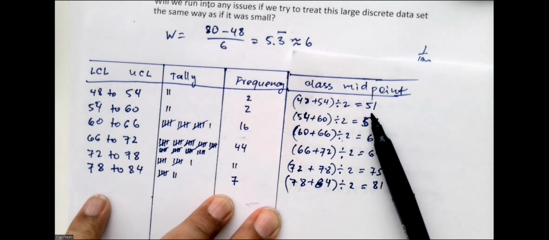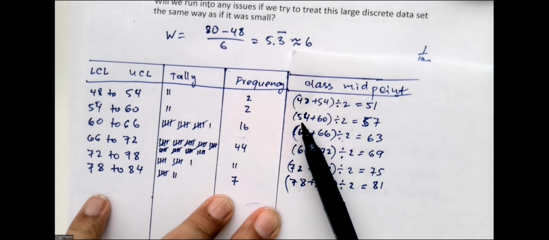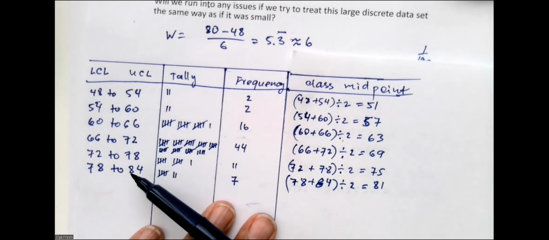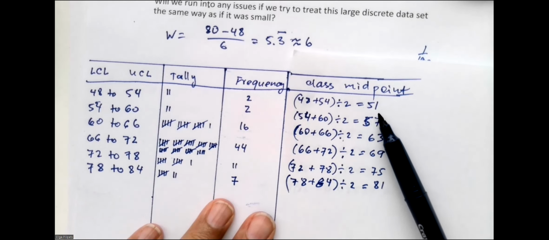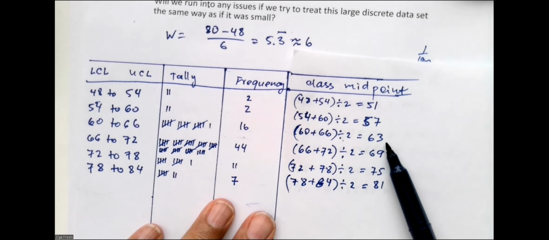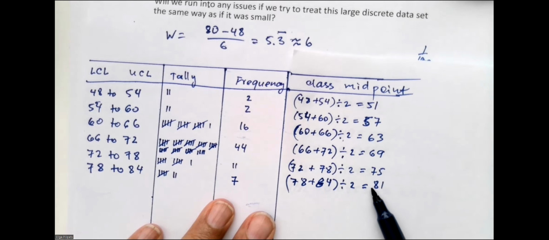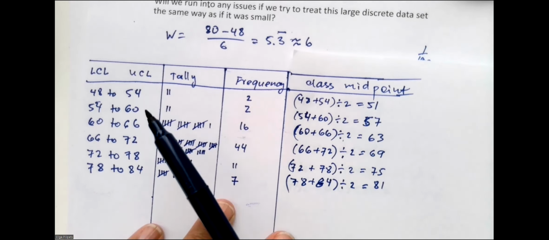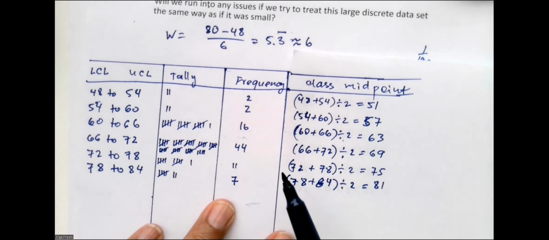So that value is 51. And then we're going to do the same thing for all of the classes, and we got the values 57, 63, 69, 75, and 81. So these values are going to be representative values for each corresponding class.